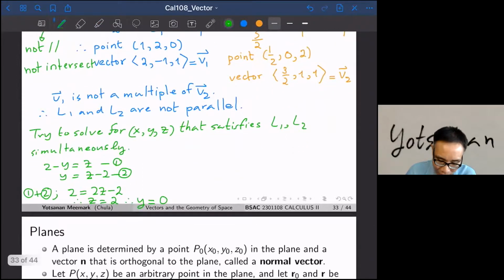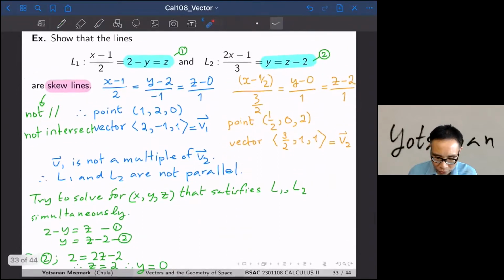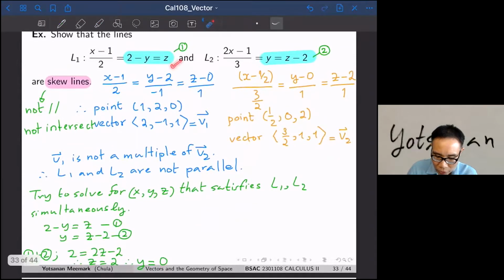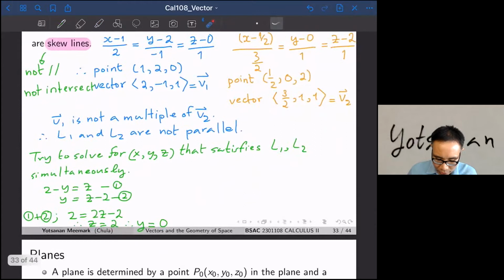Let's take a look again. Equation 1 is 2 minus y equal to z, and equation 2 is y equal to z minus 2. Solving for z gives z equal to 2, and then y equal to 0.